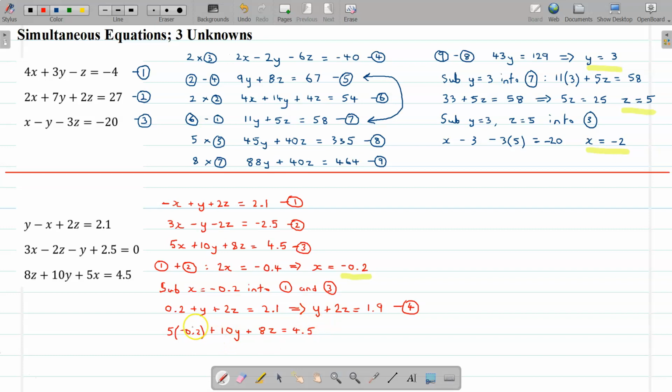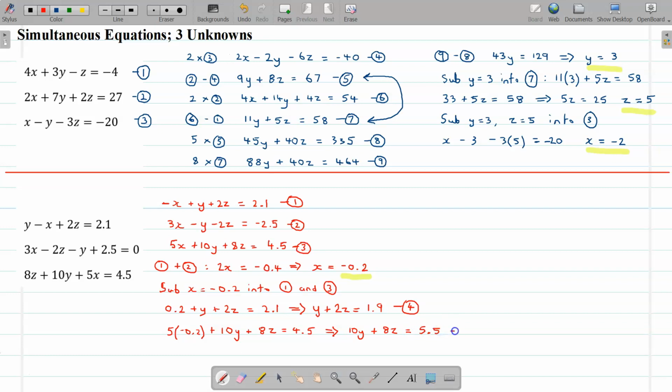Now, if I just work that out, 5 times negative 0.2 is negative 1. So that will give me 10y plus 8z equals 5.5, because I'll add 1 to both sides, and that will become equation 5.